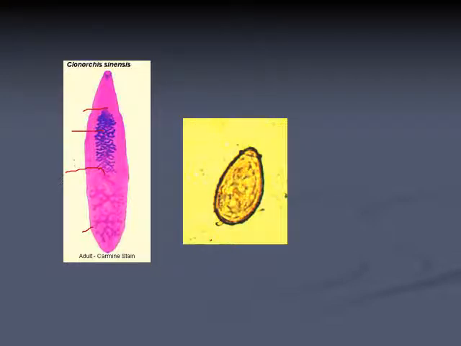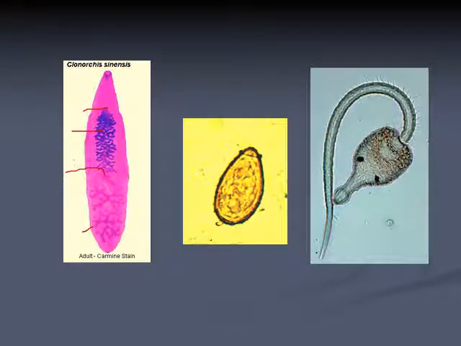This is the egg, which is similar to that of Heterophyid. This is the membranous tail cercaria.